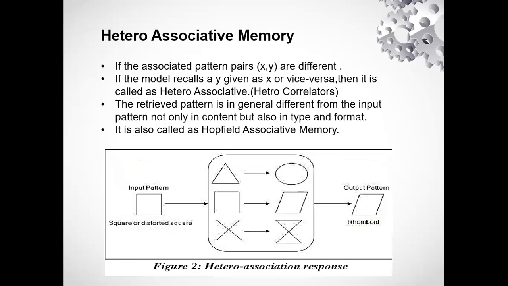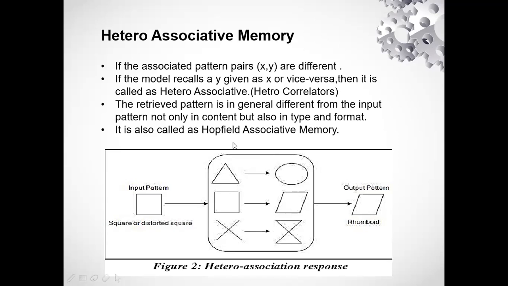Now, what is hetero-associative memory? Hetero-associative memory has a storage pattern of X and Y pairs. X and Y means this particular triangle is associated with this circle. That means if a triangle is given, the output is to be given as a circle. So this is X and this is Y, and they are different patterns which are stored.